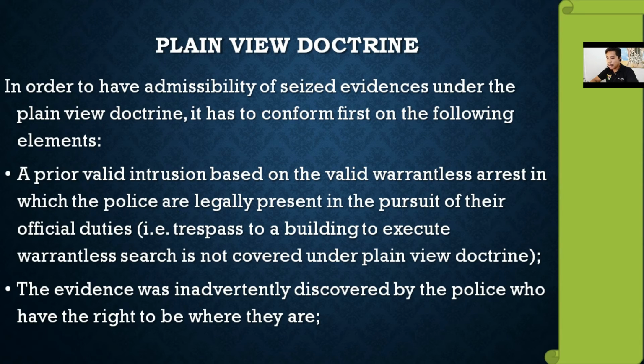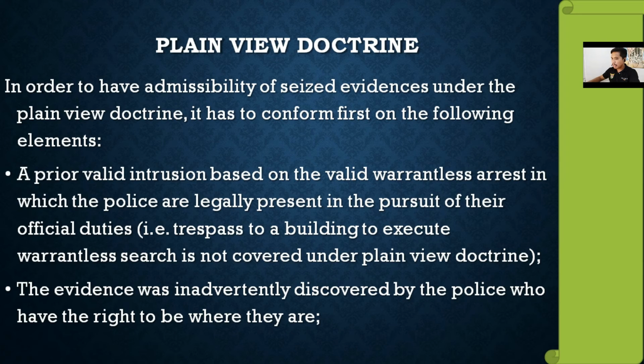Number 2, the evidence was inadvertently discovered by the police who have the right to be where they are. When we say this, it means that the particular evidence is just placed on top of a particular place without any manipulation.